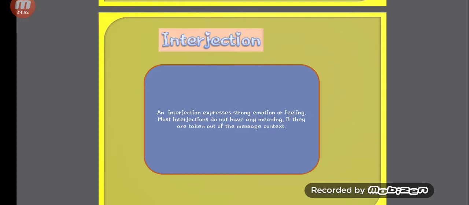These are interjections. No, that's not fair. Or whoa, what a beautiful picture. Hooray, we won the award. Stop, you can't do that. These are interjections. Our strong emotion or feeling we express through words.